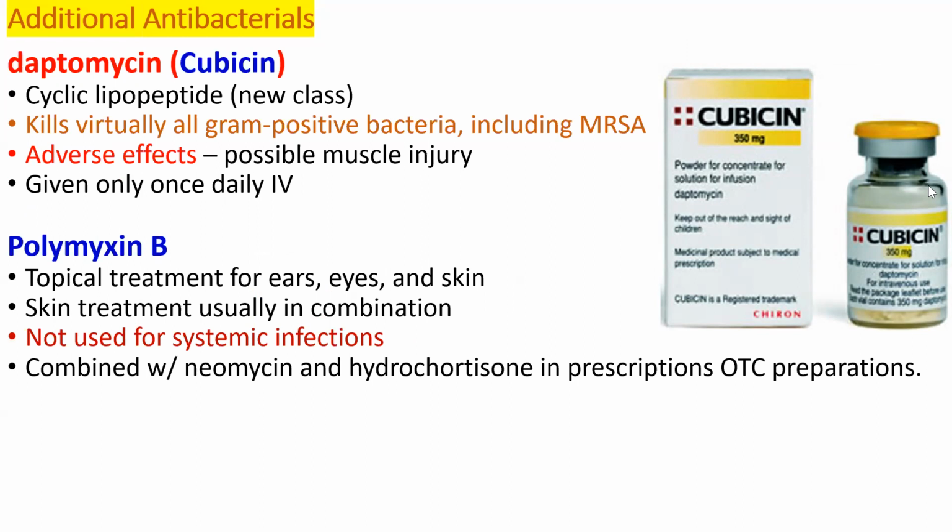We have daptomycin, polymyxin. Polymyxin B also should not be used for systemic infections because of the toxicity risk.